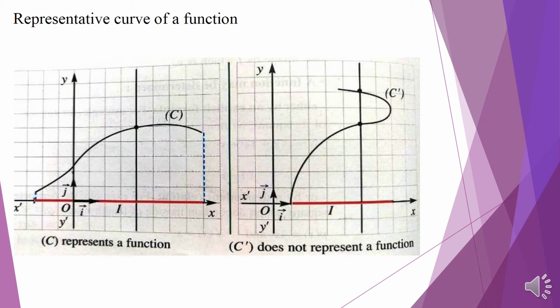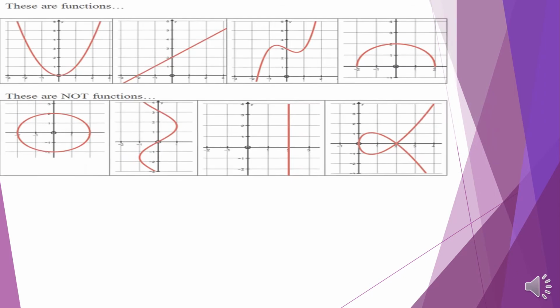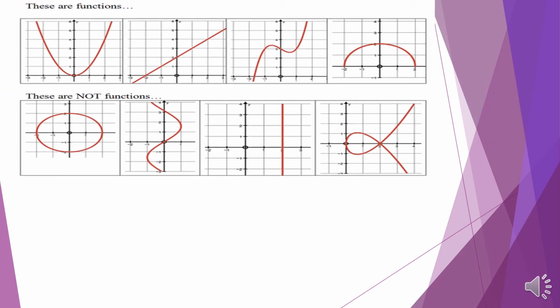If you draw a vertical line and it cuts the curve in only one point, so it is a function. The curve represents a function. More than one point, so the curve is not a function, like C prime. Another examples of figures. Look at these figures.